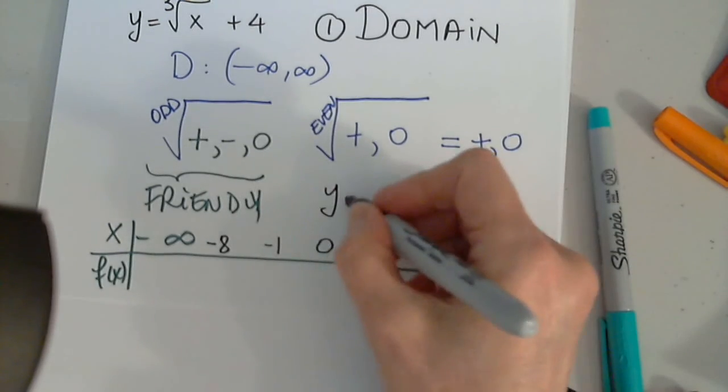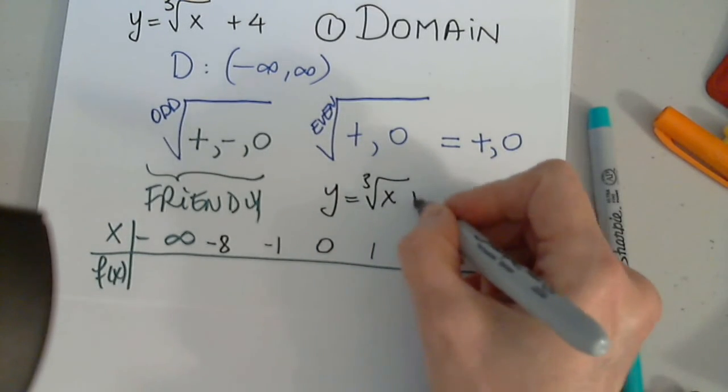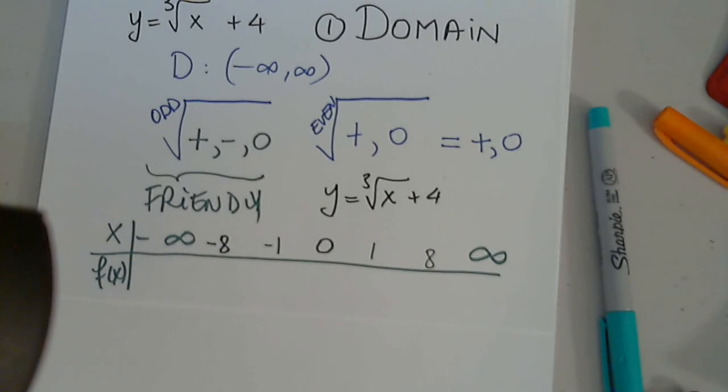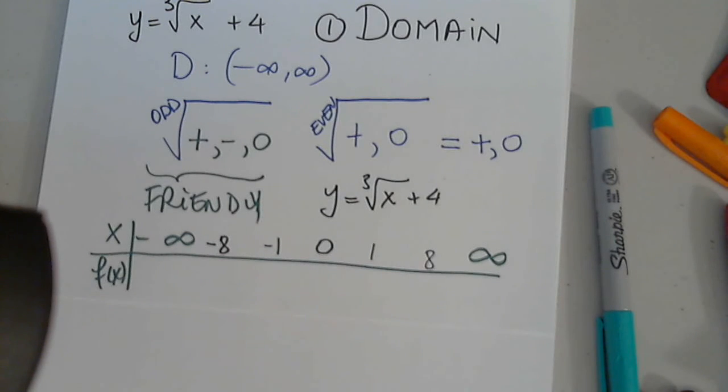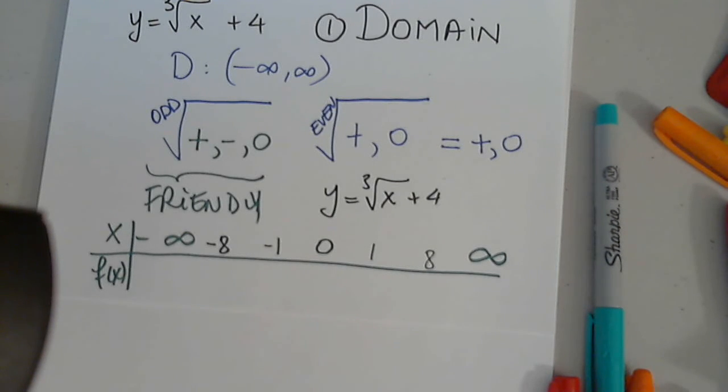So remember, the function is the cube root of x plus 4. So please plug in -8 and tell me what you get. Okay, Shvam, would you tell us?